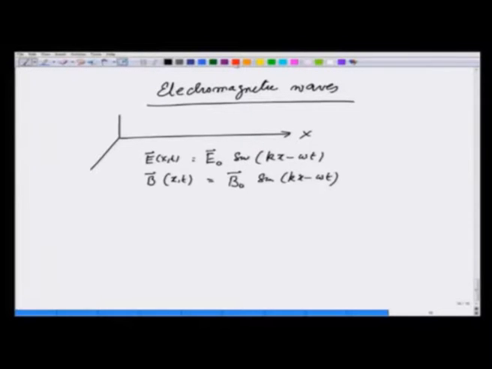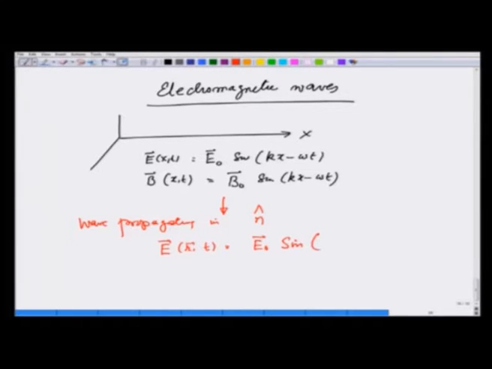If we generalize this, I can in general write for a wave propagating in the direction of unit vector n, E(r vector, t) equal to E0 sine or cosine or some other phase.